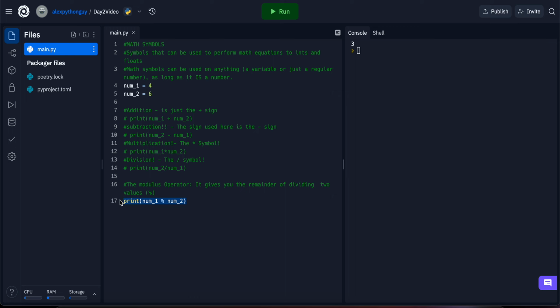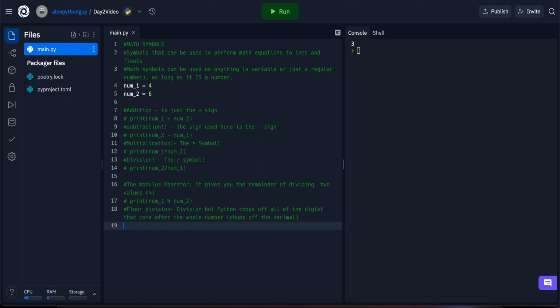Next up, we have floor division, which is division, but Python chops off all of the digits that come after the whole number. So it chops off the decimal.